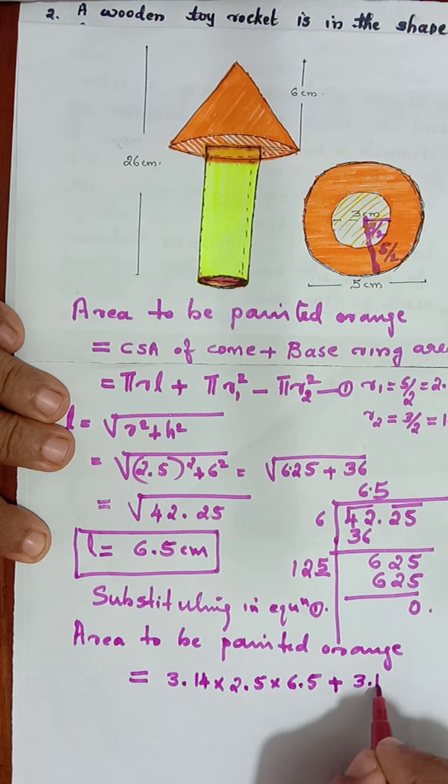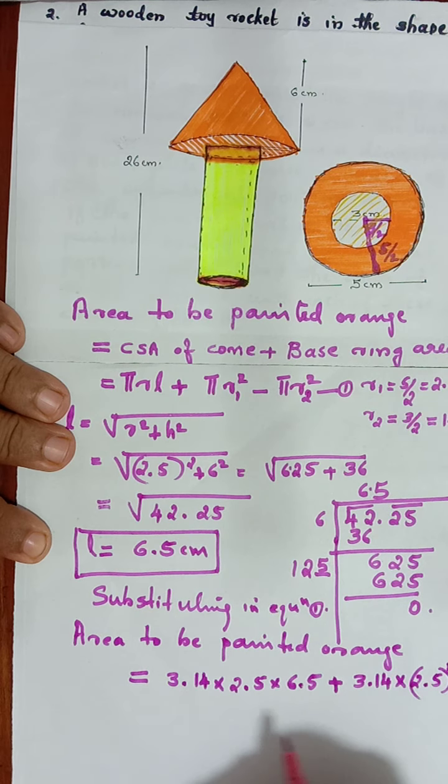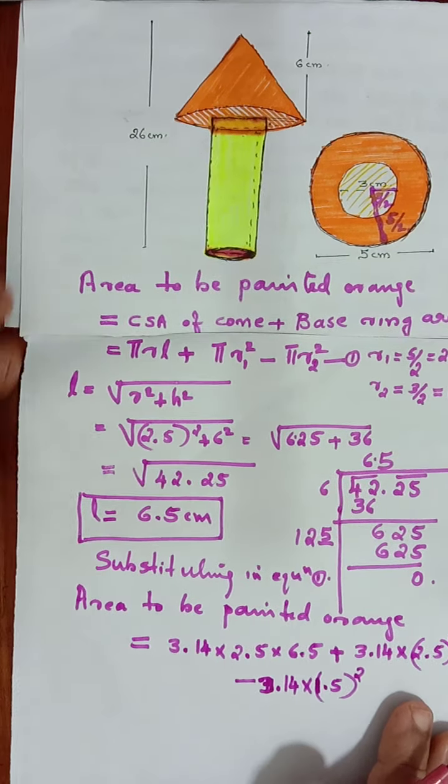Pi is 3.14 into R1 square, it is 2.5 whole square, minus 3.14 into R2 is 1.5 whole square.